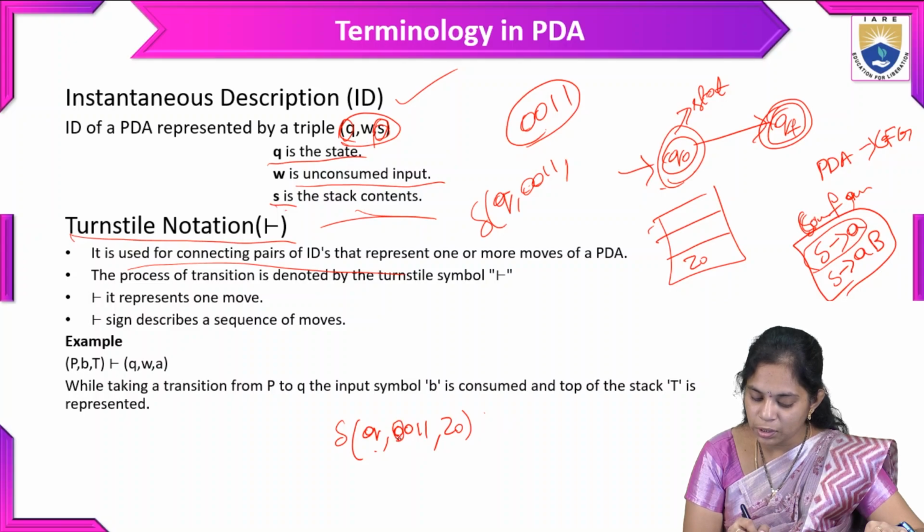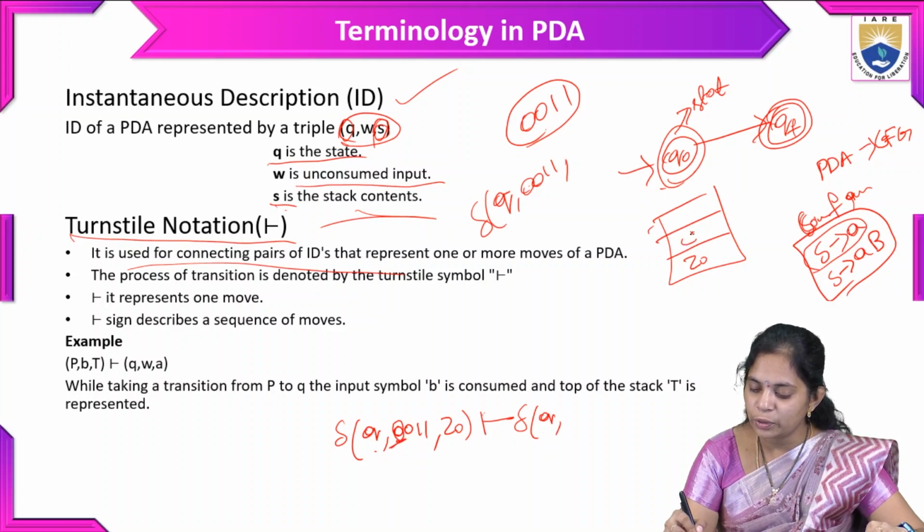After consuming the input 0, the turnstile move is a transition of Q comma. Whenever 0 is there, we need to push 0 onto the stack, and the top of the stack symbol is now 0.